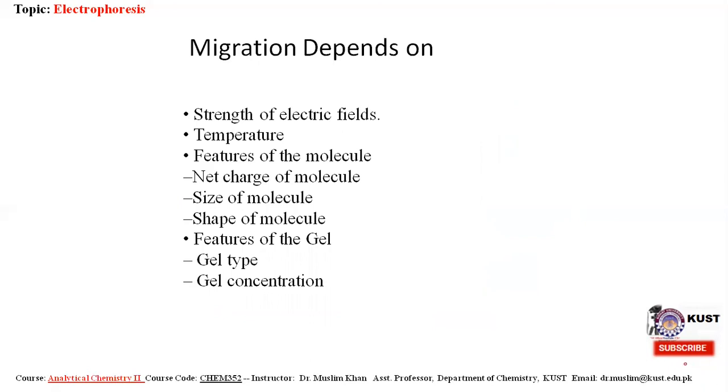The migration also depends on the buffer type, which type of buffer you are using, and the pH of the buffer. If you are using an acidic buffer, it determines whether these molecules will be negatively or positively charged.